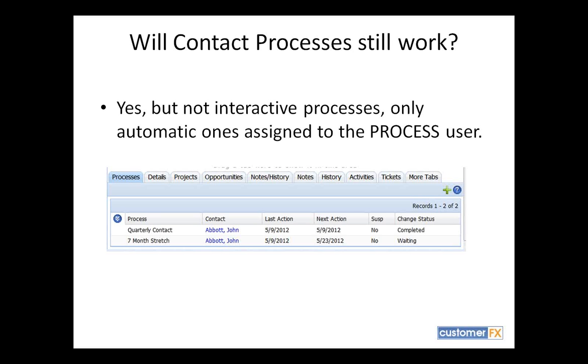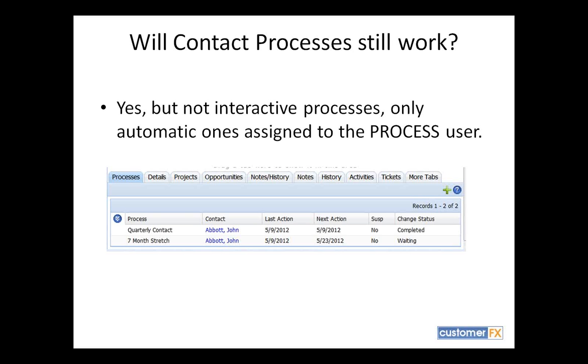Now, also, you have to be logged into the LAN client today as a user to get your scheduled process to actually scan and run. So the way the web client takes care of that for you is it automatically schedules any contact processes from the web against a user called process.